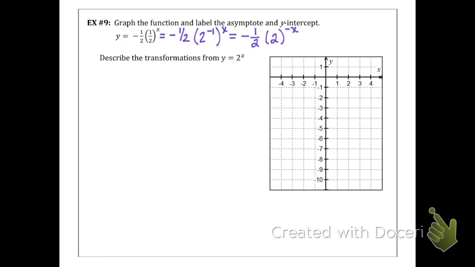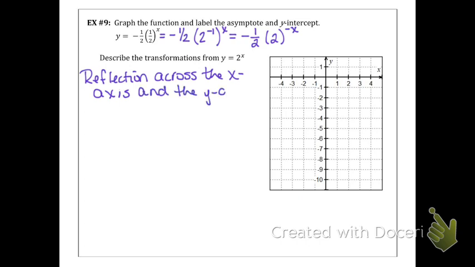And so we can see that our transformation, the negative in front, means it's going to be a reflection across the x-axis. And then I notice there's a negative with the x, so it's going to be across the y-axis. We're going to go across both of them.